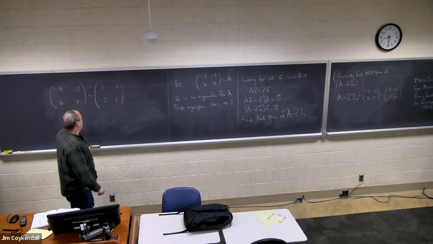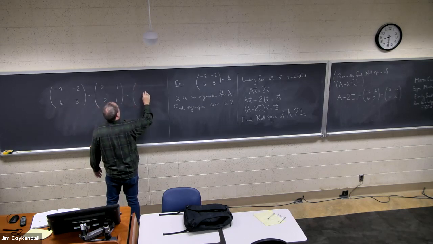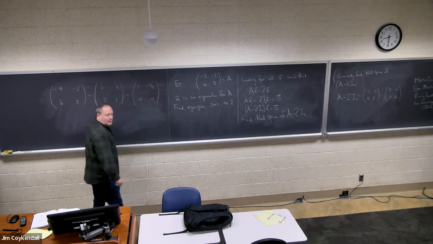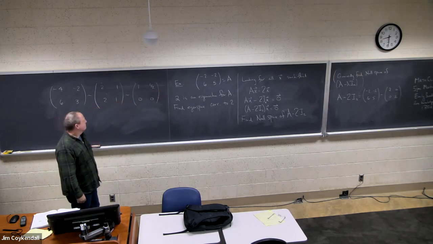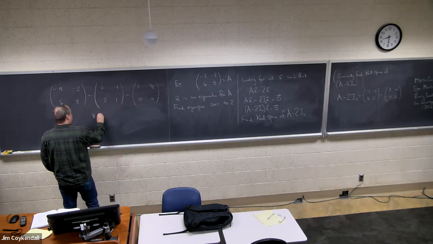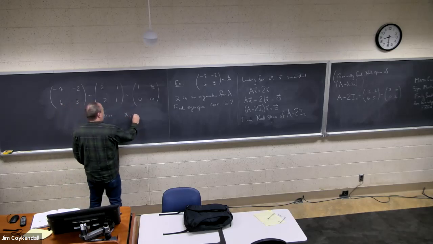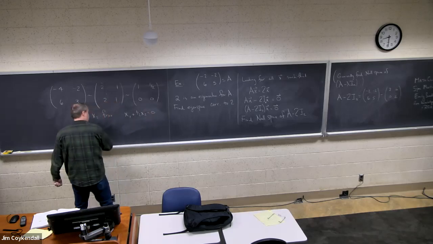I'm just going to row reduce. I reduced that one quick. Everybody okay with that? So x2 is free, and I have x1 plus 1/2 x2 equals 0.